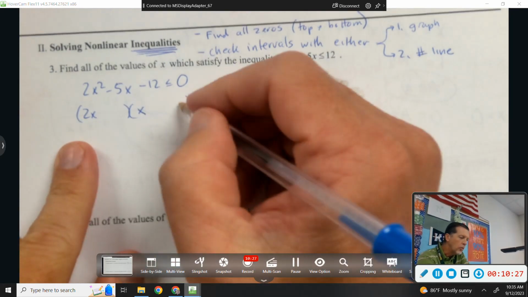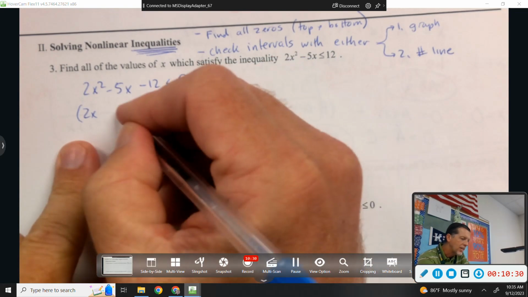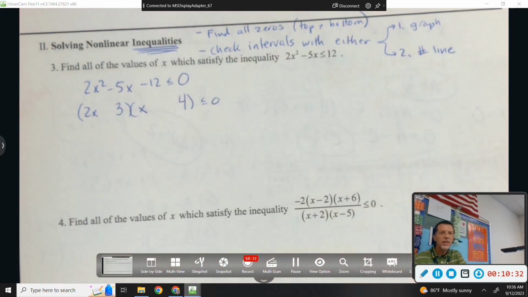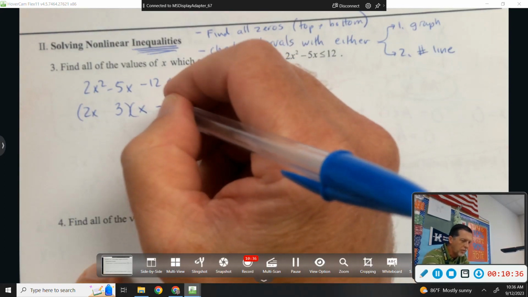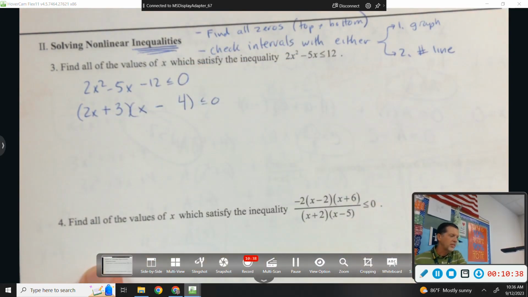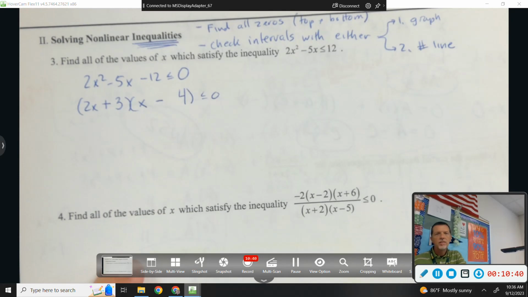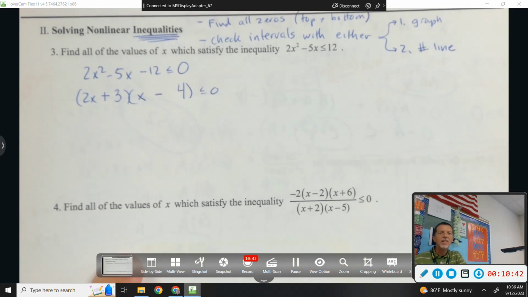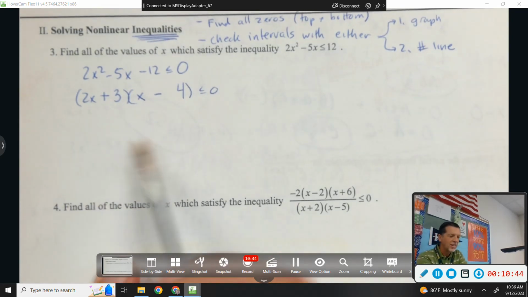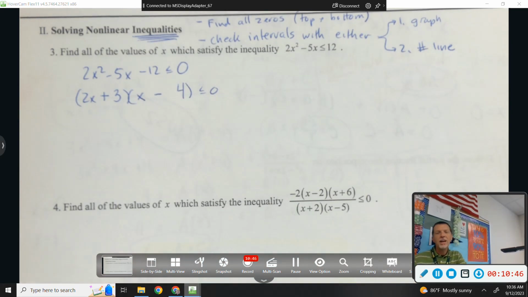If I put a 4 across from the 2, that gets me 8. 8 and 3 can make 5. I want the 8 to be negative and the 3 to be positive. So I want the 4 to be negative because it makes negative 8x.